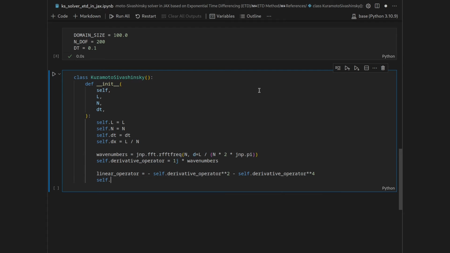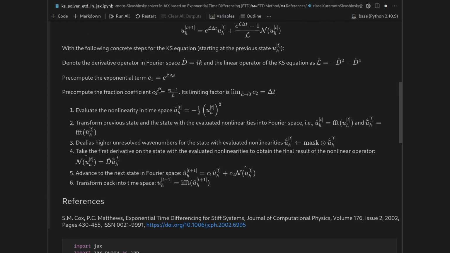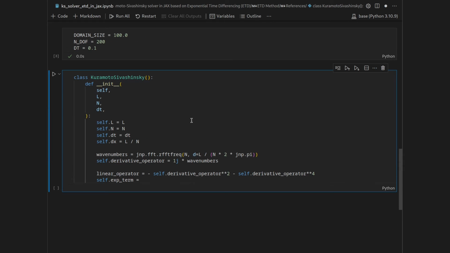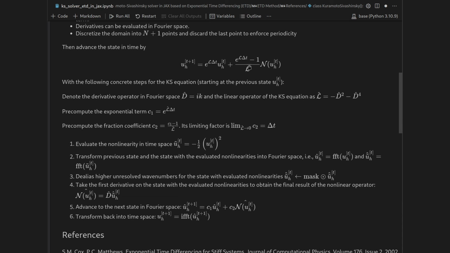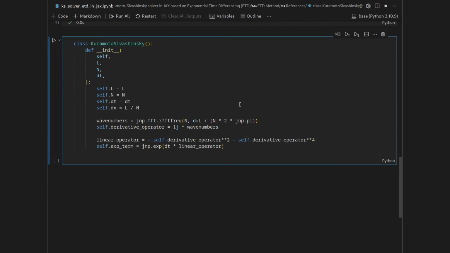Then we can compute the exponential term, and this is something that I called C1 here. So this is the C1 that we saw here, and this will be jnp.exp of dt multiplied with the linear operator. And then we can also compute this coefficient here, the fraction that I want to call coefficient, or just coef, and we use a switch statement.